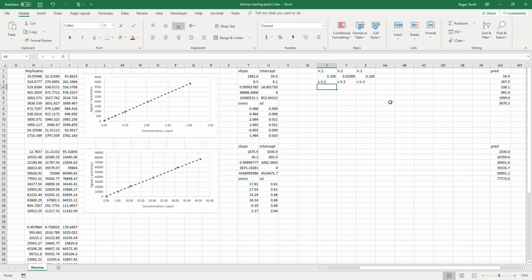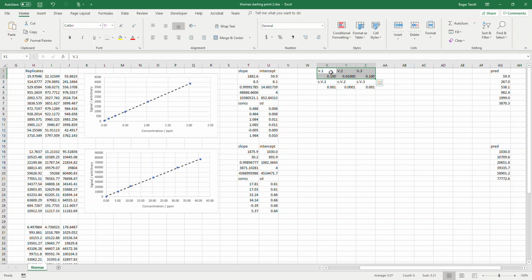And for a guesstimate here, I'm going to take 1% of the total volumes, right? So this is going to be 0.001. This is going to be 0.0001, right? And this is going to be 0.001, right?